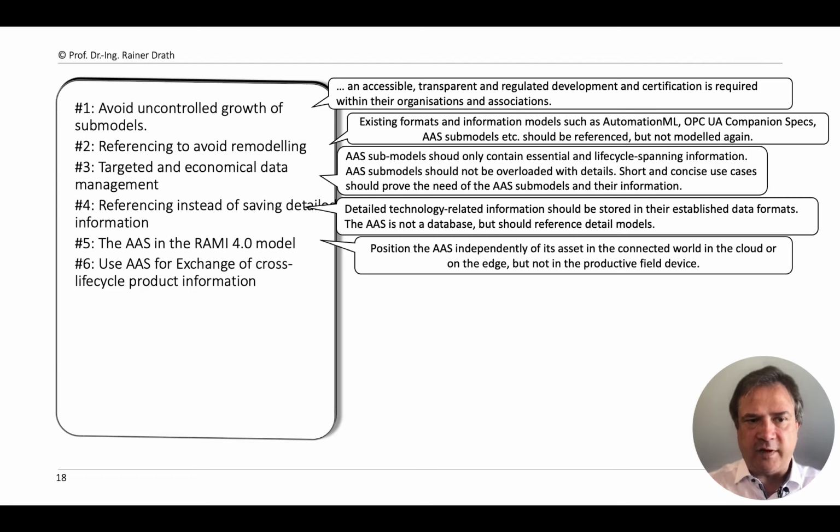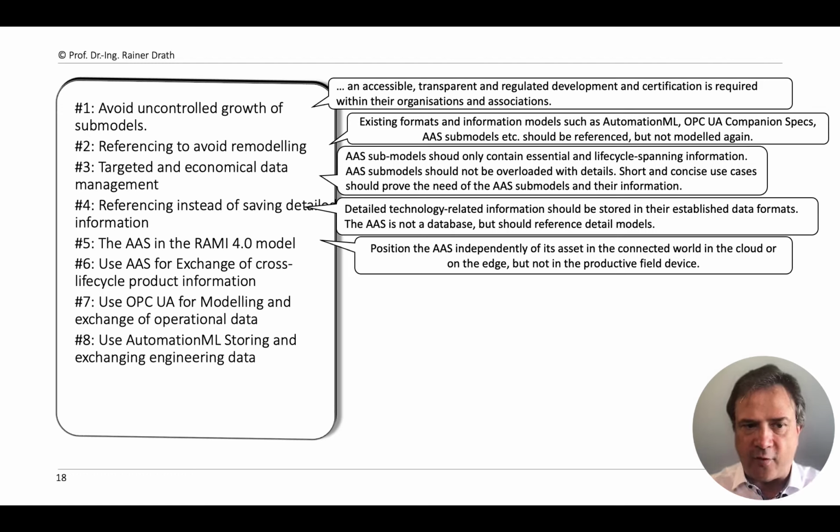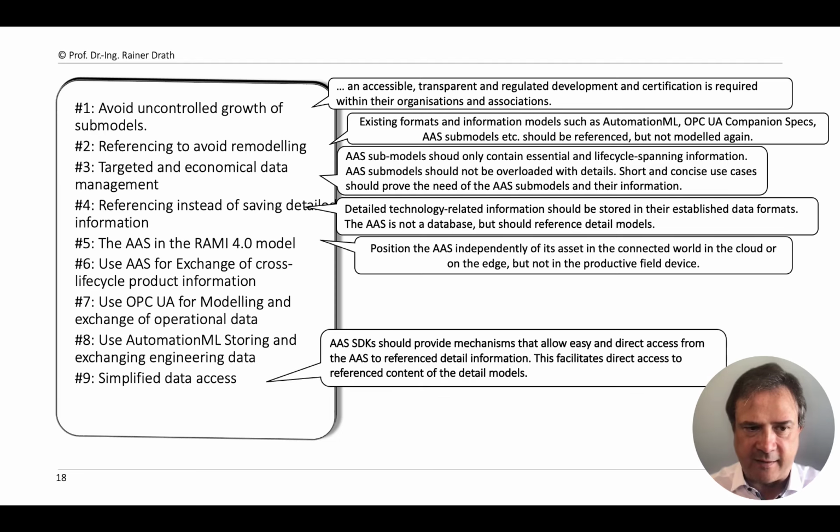Then we propose: use the Asset Administration Shell for the exchange of cross-lifecycle product information. Use OPC UA for the modeling and exchange of operational data. And use AutomationML for storage and exchange of object-oriented engineering data. Number 9, here we propose that AAS software development kits should provide mechanisms that allow easy and direct access from the AAS deeply down into detail models.